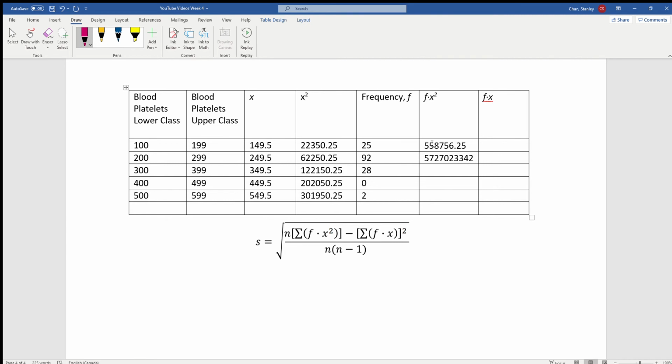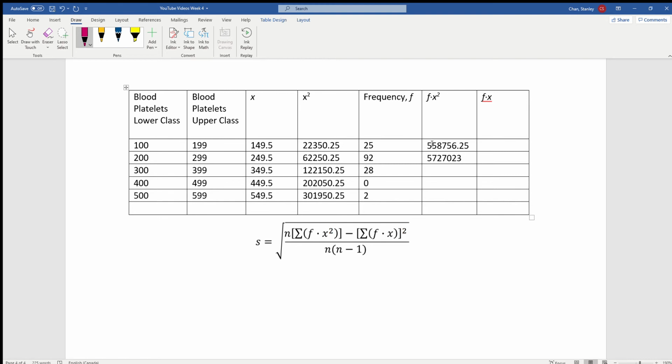Oh, whoops. All right, so now we have the second last column complete, and now we're finding f times x.